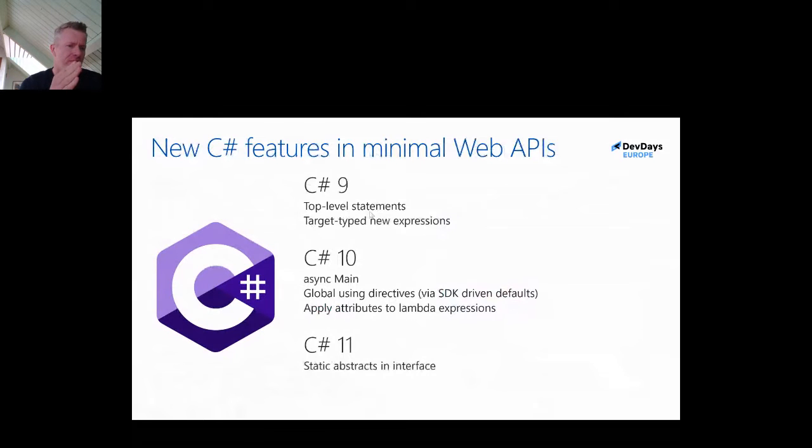So the generic host has configuration for being a host and how it's hosted. It does the logging, and it preps the dependency injection system that you get to use inside your implementation logic. And then if you do the WebApplicationBuilder and you do a build, you get the web application, which is about the hosting part.